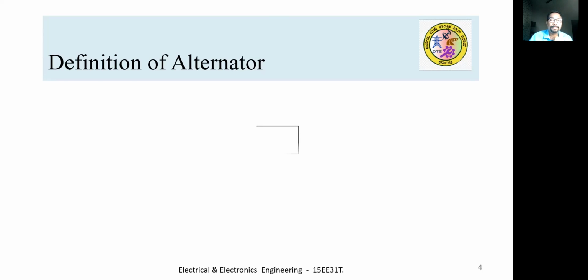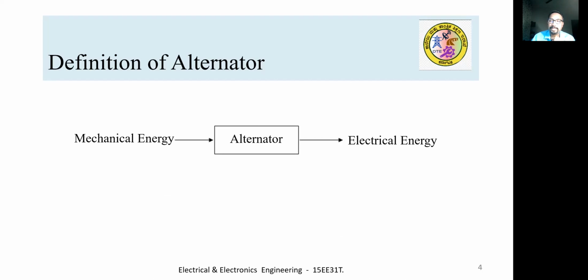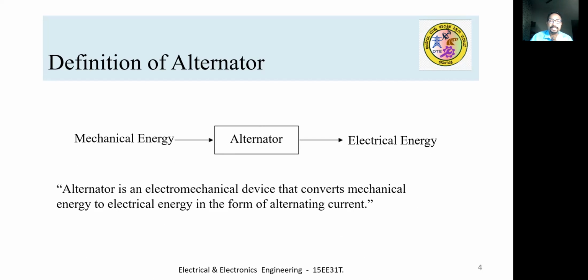An alternator is an electromechanical machine which takes mechanical energy at the input and gives out electrical energy in the form of AC. Alternator is an electromechanical device that converts mechanical energy into electrical energy, and that electrical energy is in the form of AC. This is what we have learned in the previous session.